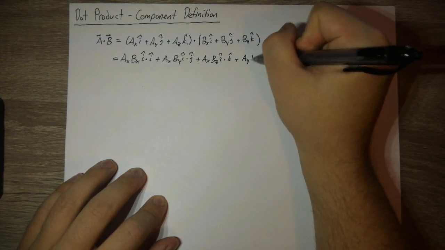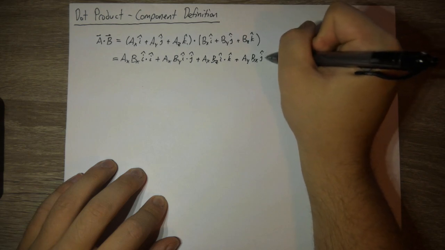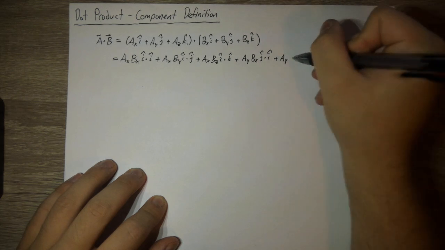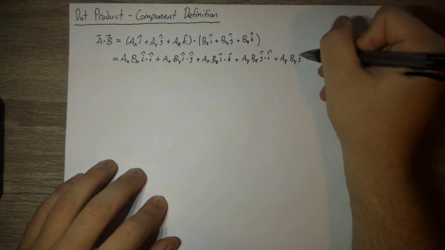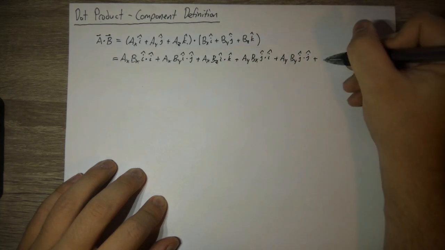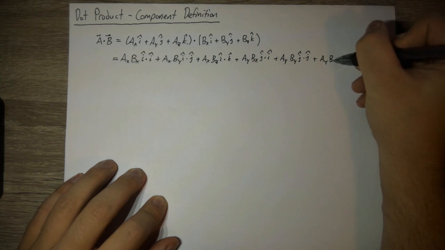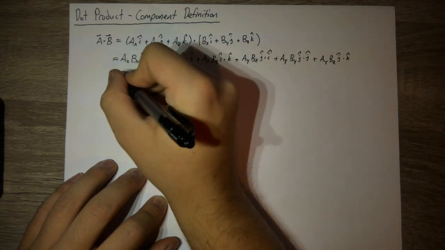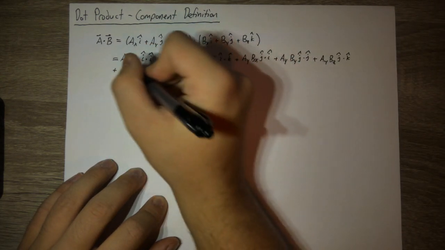So AY, BX, J dot I, plus AY, BY, J dot J, plus AY, BZ, J dot K. Sometimes it takes a while to write everything out.